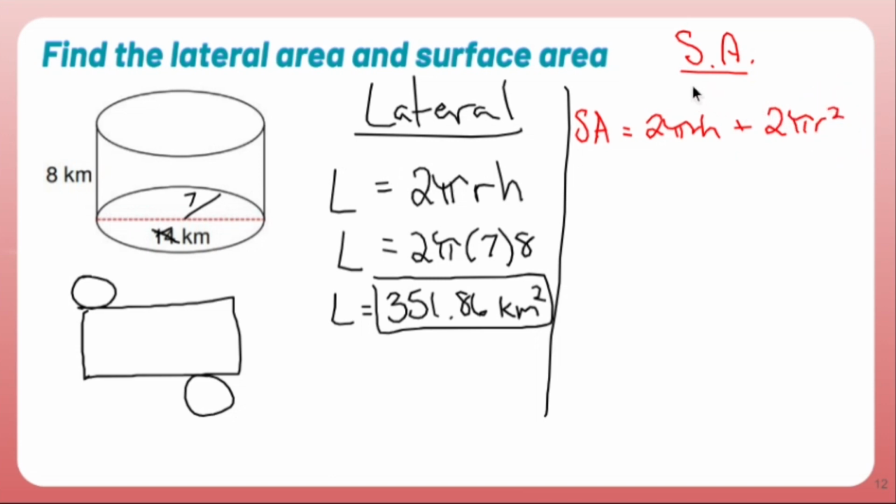That shouldn't be too crazy to look at. That shouldn't be too wacky to understand. I know part of this already. I know that 2 pi RH is 351.86.